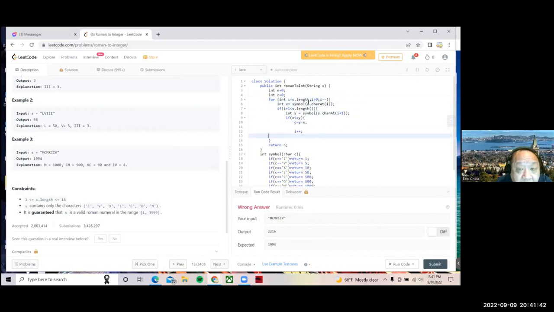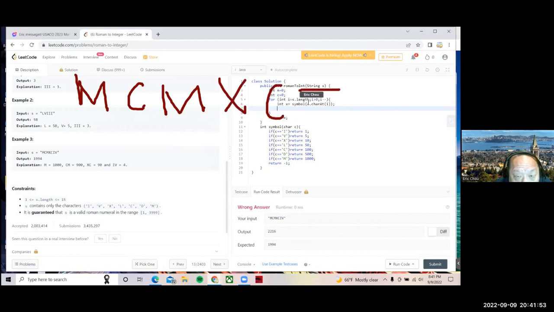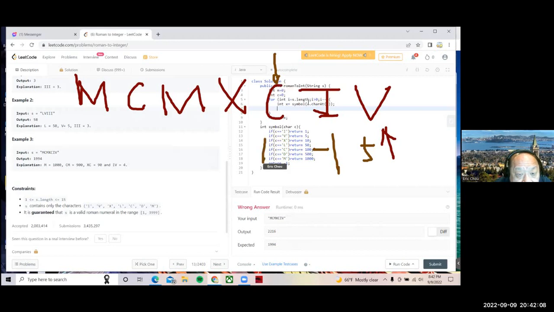Like the one you are looking at right now, you have MCMXCIV. The first one you see is actually V, so you get a 5, and this one's minus 1. Then you look at this one, it's 100, then this one's minus 10.